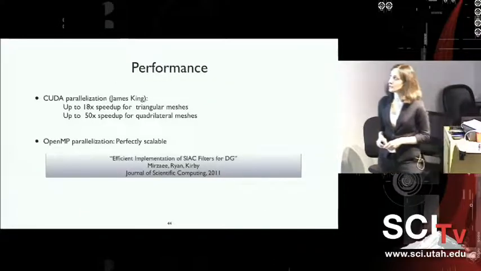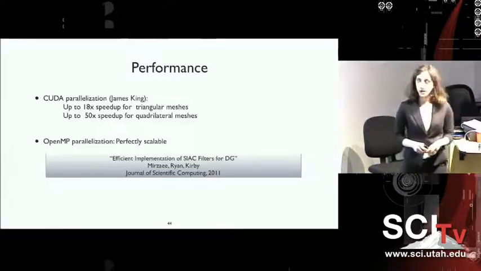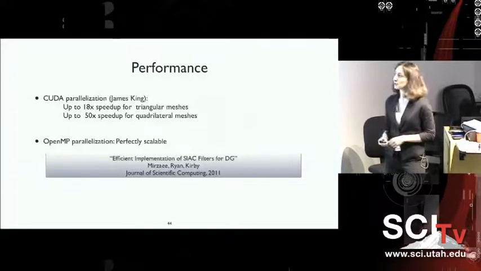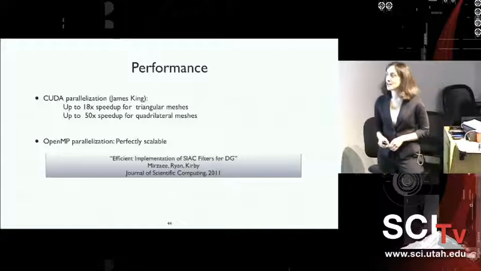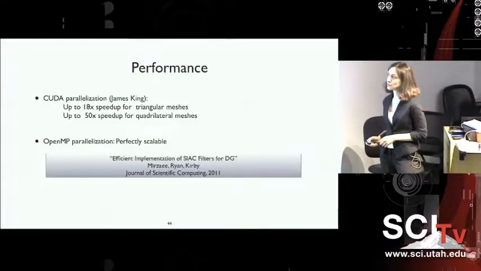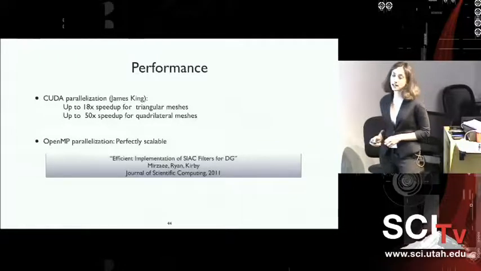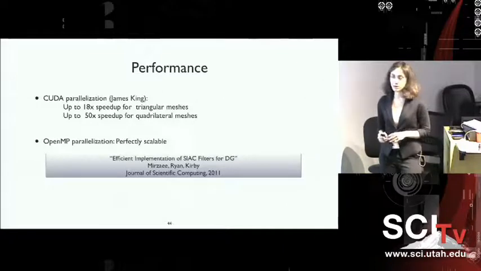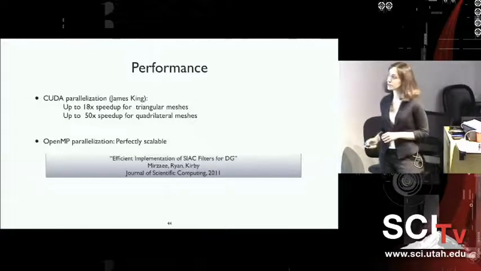A very brief note on the performance of the post-processing. Jim provided the CUDA parallelization of this filtering technique, and we observed that we are able to get up to 18 times the speedup for triangular meshes when performed on one GPU compared to a single core CPU implementation.